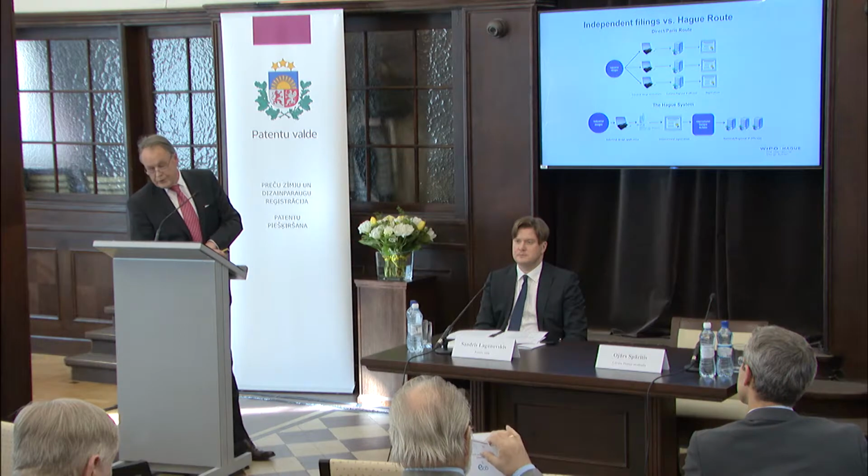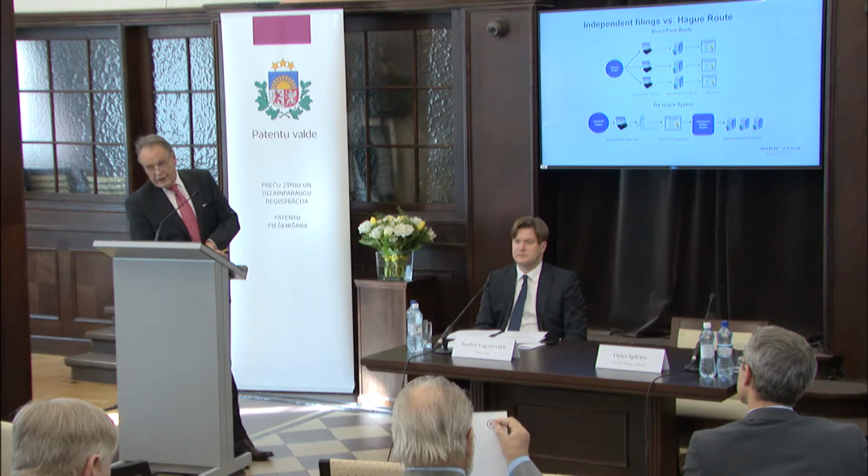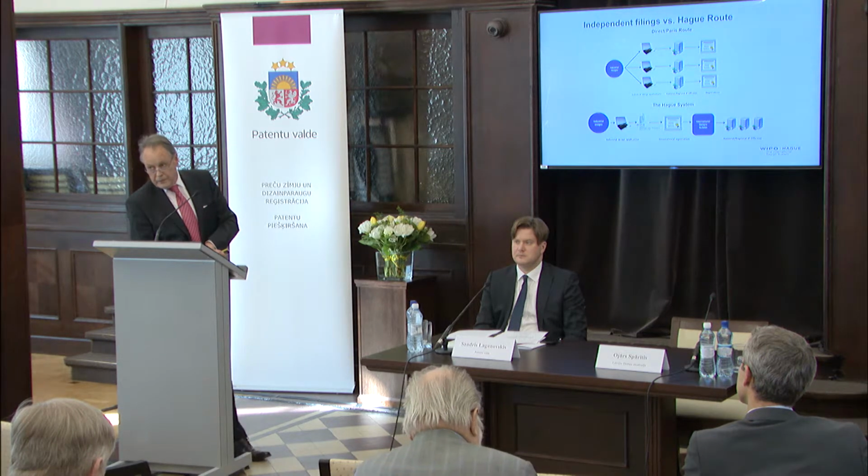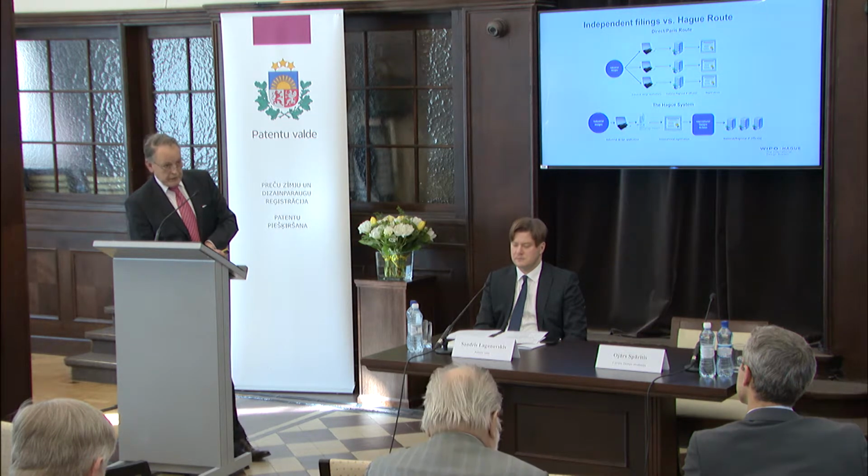And the most efficient, cost-saving and time-saving way is the Hague route, when the applicant who managed to file the ideal international design application is dealing with only one office. This is the International Bureau of the World Intellectual Property Organization.